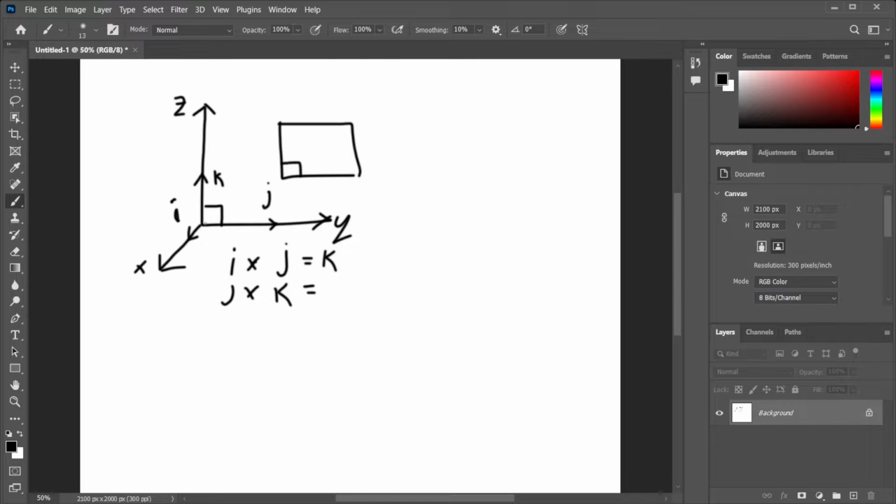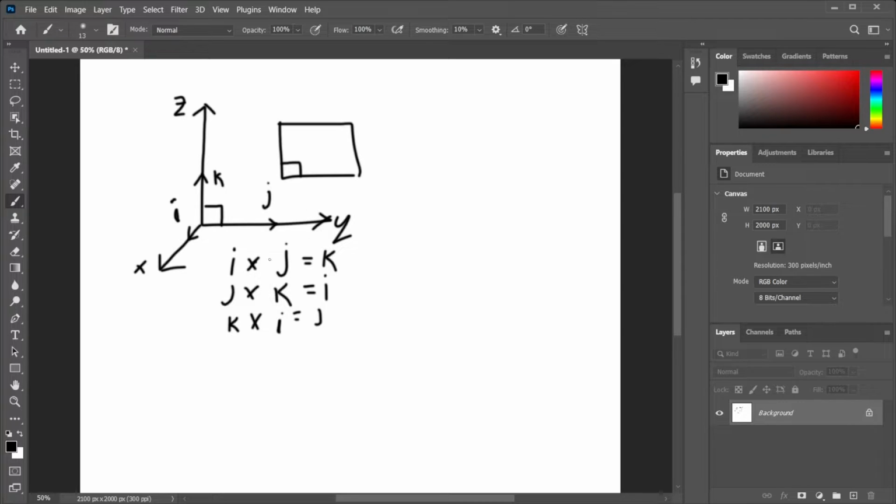Well, their third perpendicular is i. It doesn't need to be always perpendicular. It can be like this, and their intersection will also have a perpendicular. I'm just saying that those three are always perpendicular. And our third axis is k times i, which is equal to j.